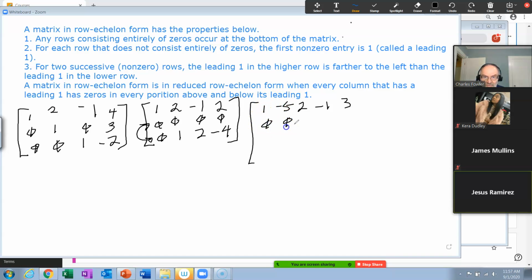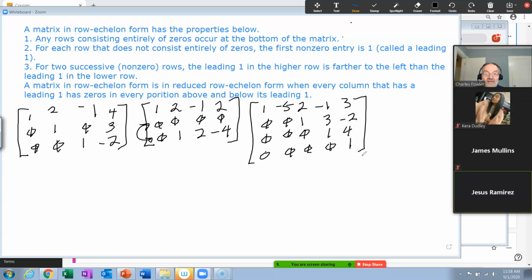Then 0, 0, 0, 1, 4. And 0, 0, 0, 0, 1. Is that in row echelon form?